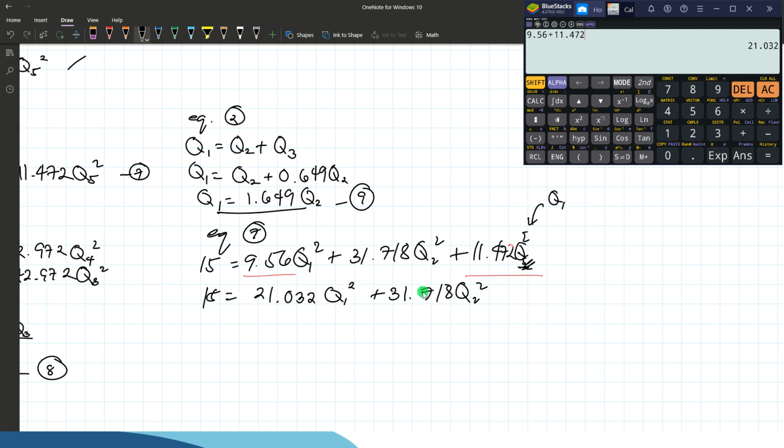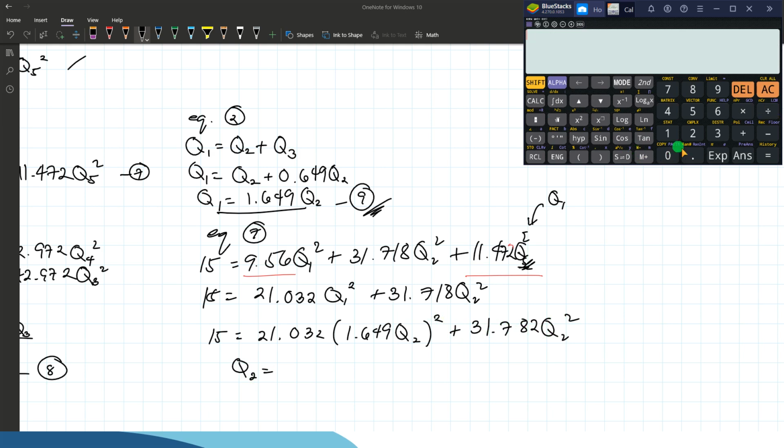So from that, we can now substitute equation 9 here in equation 7. So 15 equals to 521.032 multiplied by 1.649 Q2, this is raised to 2, plus 31.718 Q2 squared. So the only unknown now is discharge at pipe number 2.